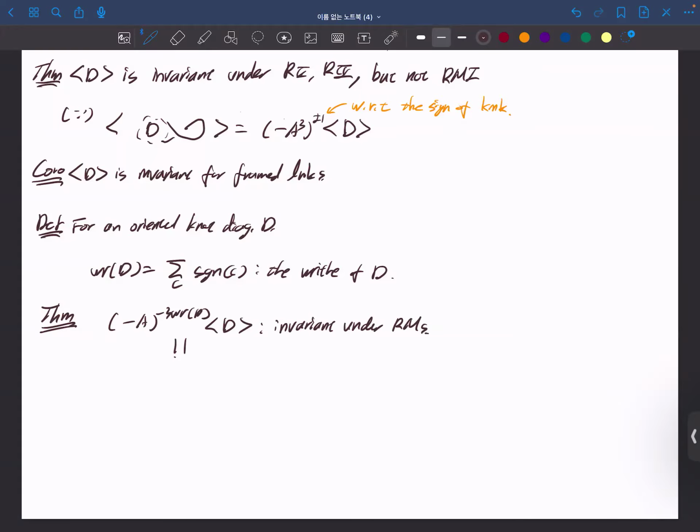We will denote it by J_K(A). And this is called the Jones polynomial.